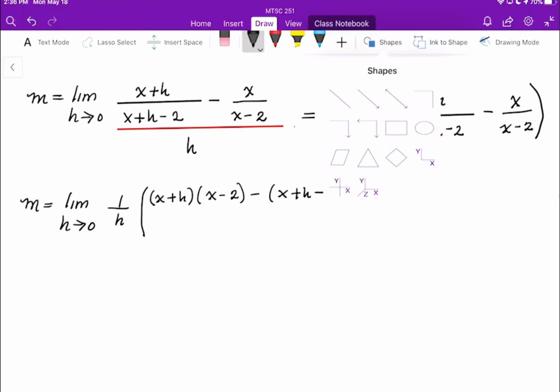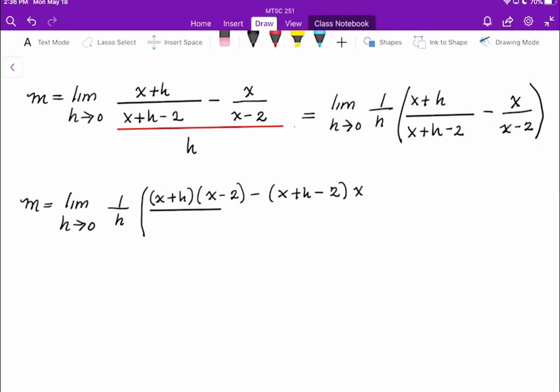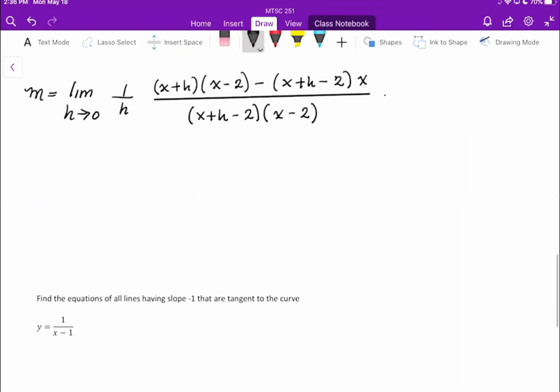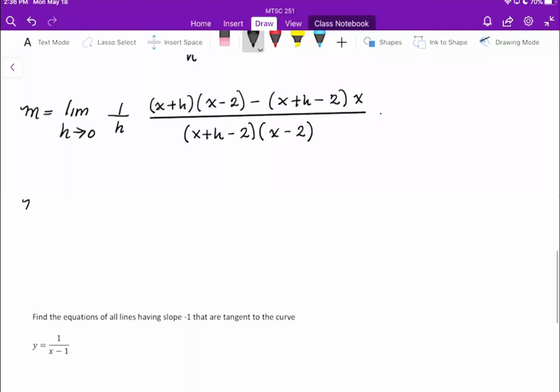And that whole thing is now divided by the quantity x plus h minus 2 times x minus 2. Okay, now we need to simplify. It's going to take some algebra.